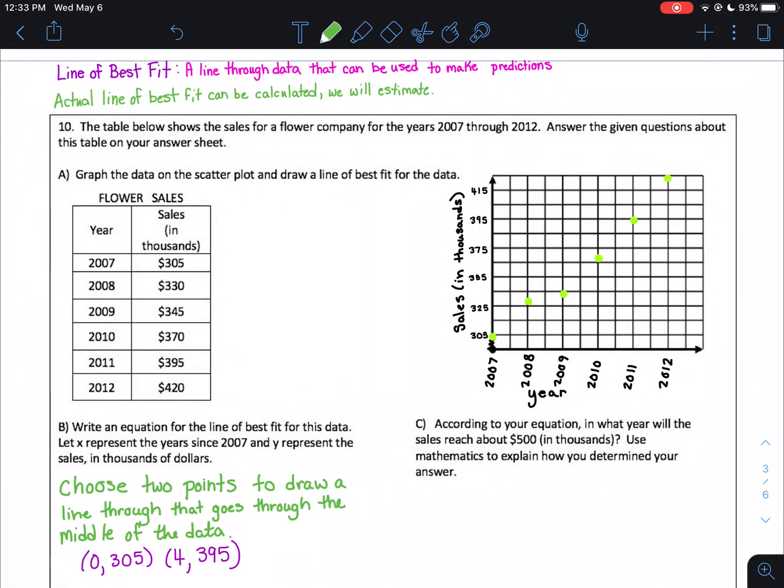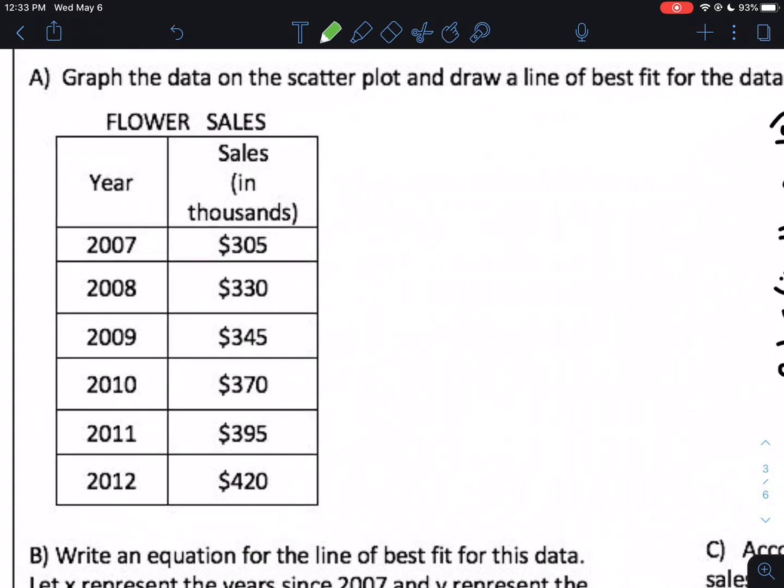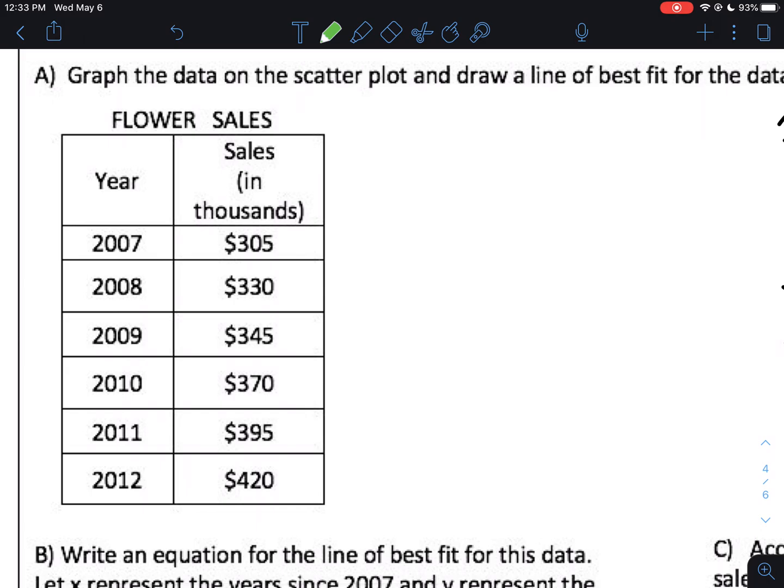The whole purpose of a line of best fit is that if you were just given a table like this, flower sales in each year and the sale in thousands, we collect data, we look at data so we can make predictions, so we can learn something. I can't just look at this table as it is and make a good guess of how much money they are going to make in 2013 or 14 or 2020.